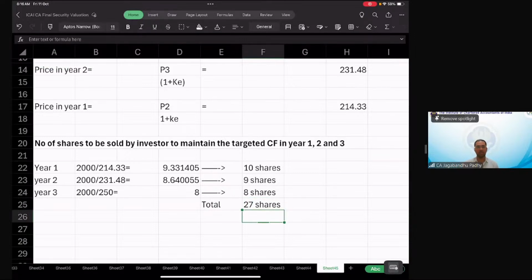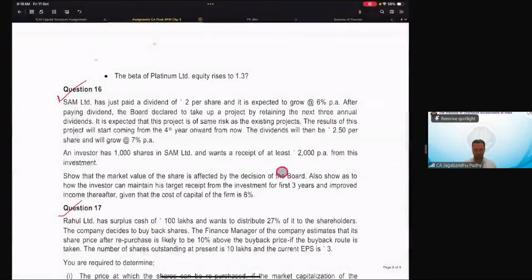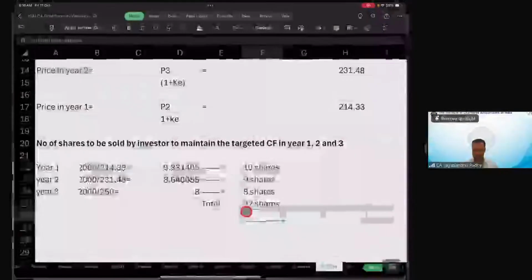So what is the number of shares he would be having? Because the question says, also show how the investor can maintain his target investment and improve income thereafter given the cost of capital is 8%. Okay.